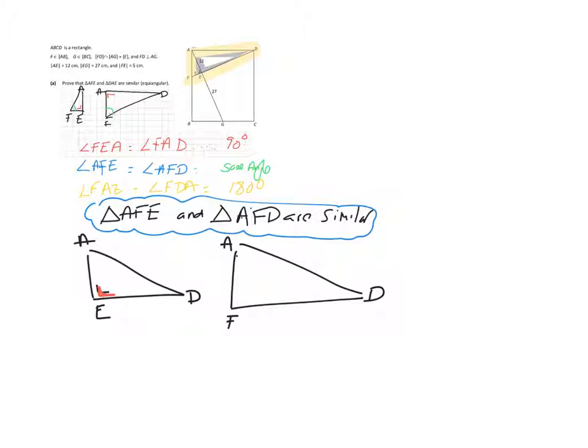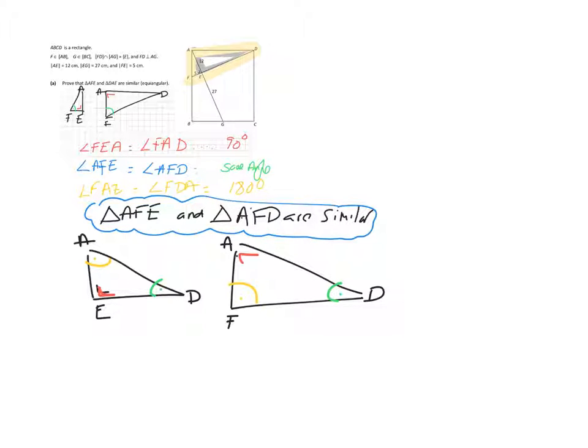I also know that this top angle here of the larger triangle is a rectangle, so it's obviously 90 degrees. So I can conclude those two angles are equal. I can then also conclude that they both have the angle D in both of them. So therefore, we can assume that the final angle A, and on this side, angle F, would be the same for the same reason as above. They must give you 180 degrees.